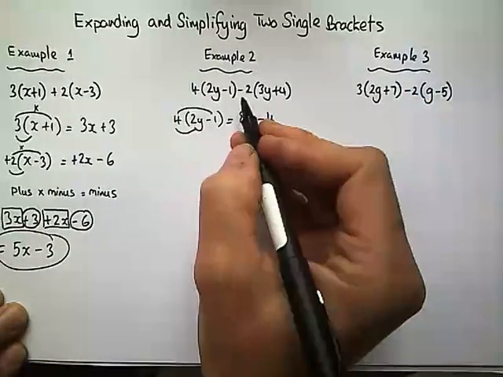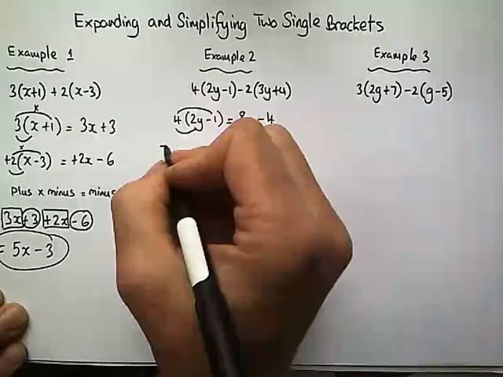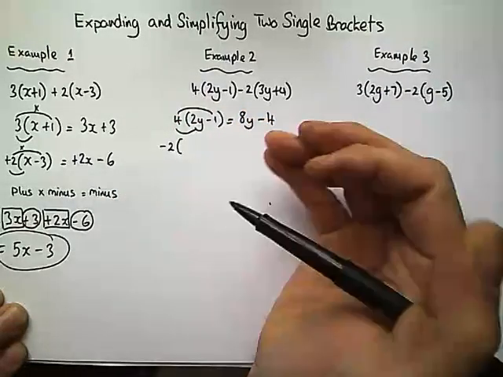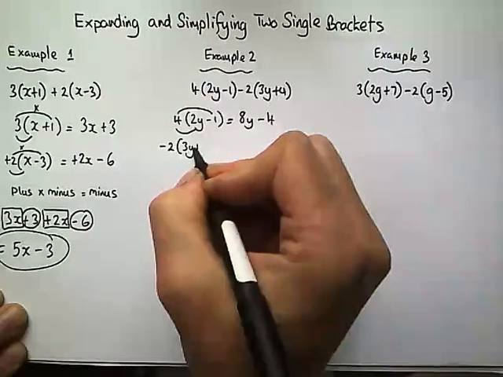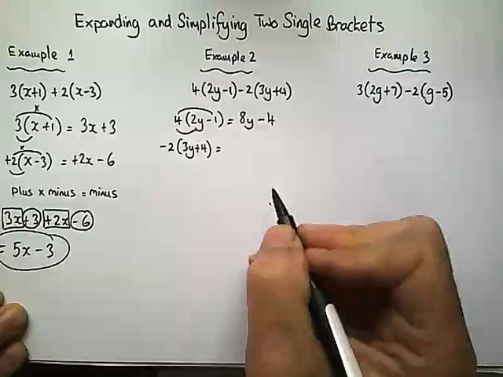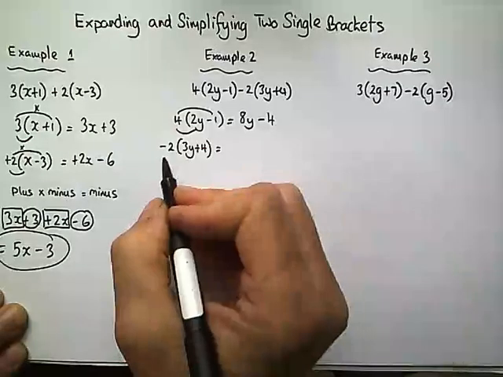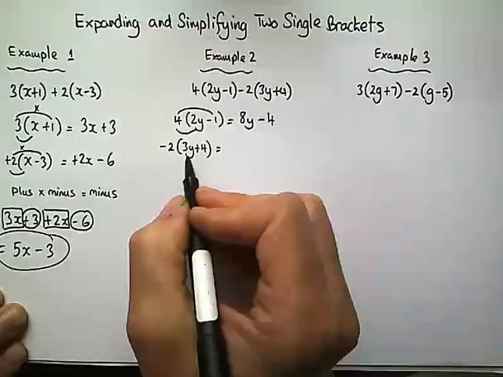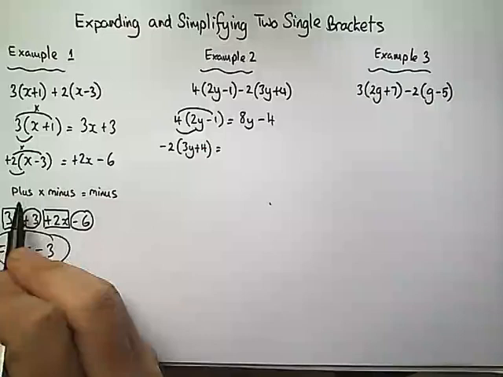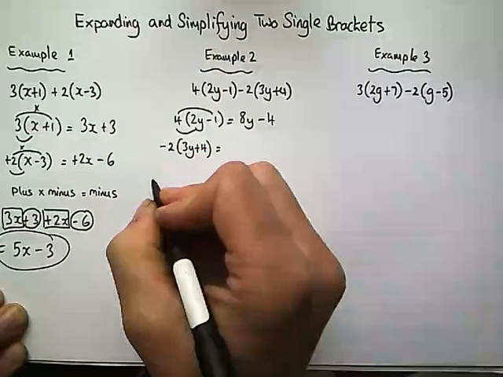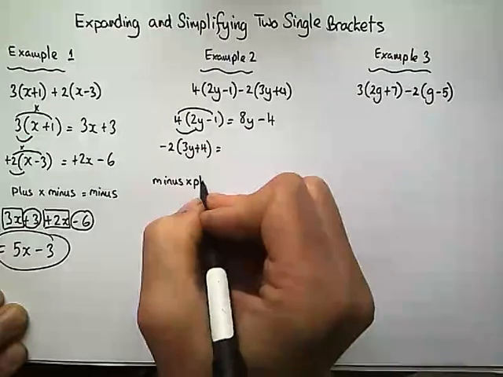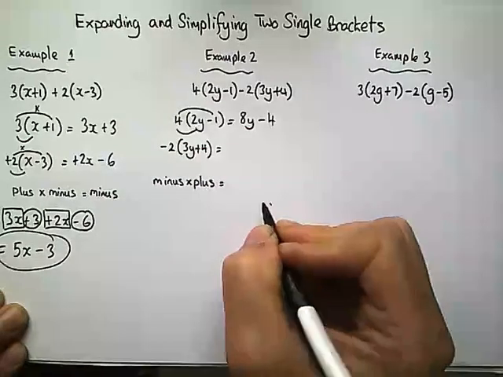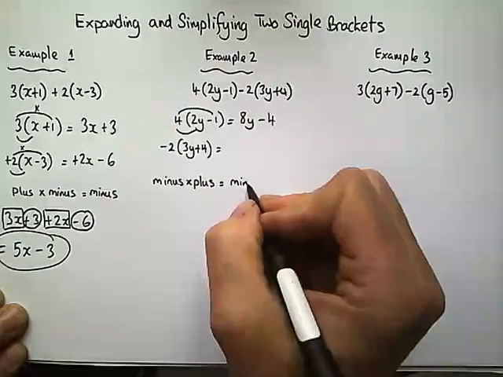That's a minus 2 in front. So it's minus 2 times 3y plus 4. And that's equal to minus times a plus. The other rule is a minus times a plus gives us the same answer. It will give us a minus answer.